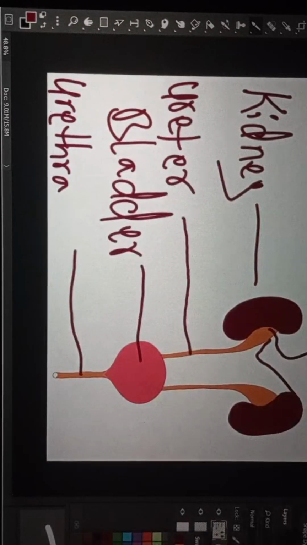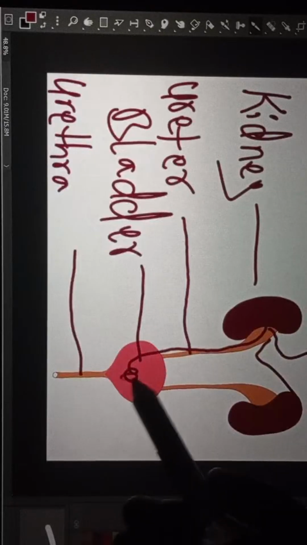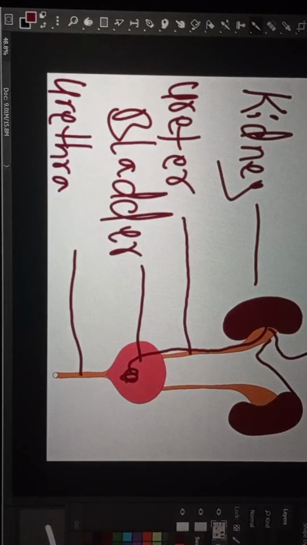And these kidneys filter the blood that gets in. After they filter the blood, they make the urine, and this urine will follow this ureter to be stored in the bladder.